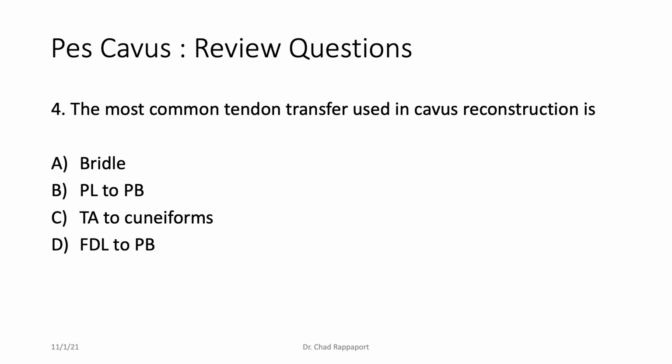The most common tendon transfer used in cavus reconstruction surgery is the bridle procedure, the peroneus longus to brevis tendon transfer, the split anterior tibialis to the cuneiforms, or the FDL to the peroneus brevis. Of course, the answer is B, peroneus longus to peroneus brevis. It's very effective and usually, if not always, can be done through the same incision as your hindfoot work.